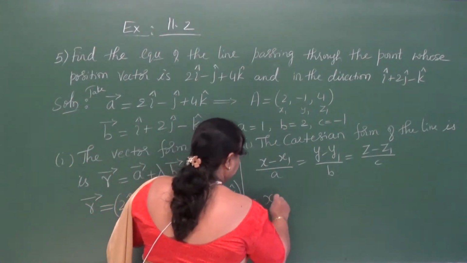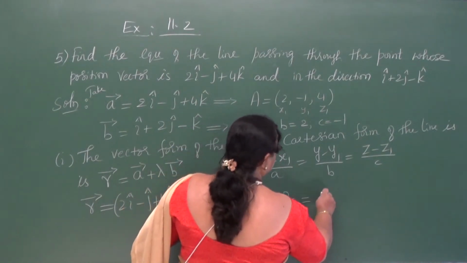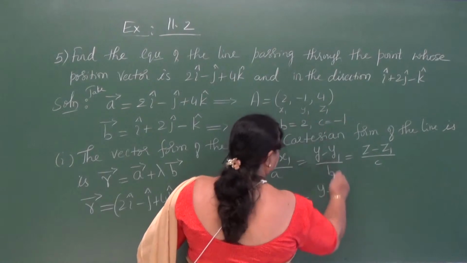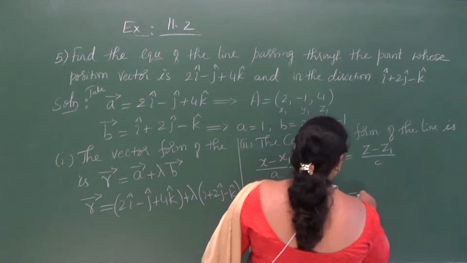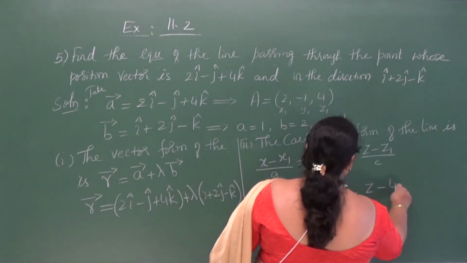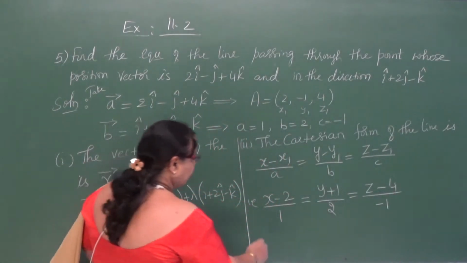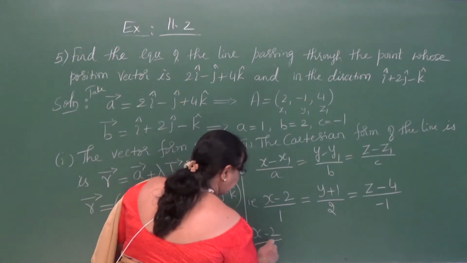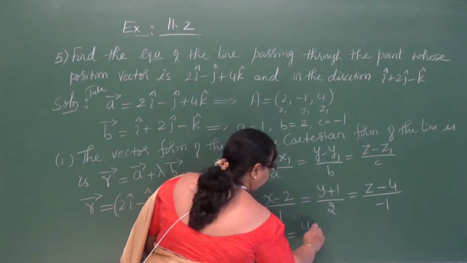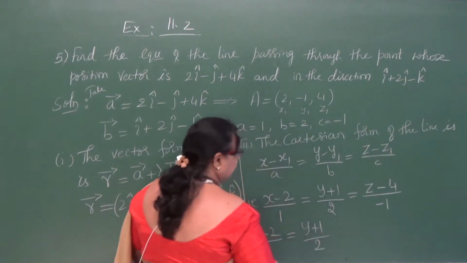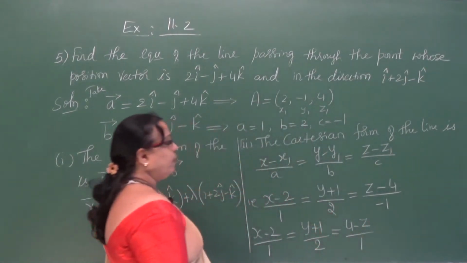That is, (x minus 2) divided by 1, (y plus 1) divided by 2, equal to (z minus 4) divided by minus 1. Or this can also be written as (x minus 2) divided by 1 equal to (y plus 1) divided by 2 equal to (4 minus z) divided by 1.